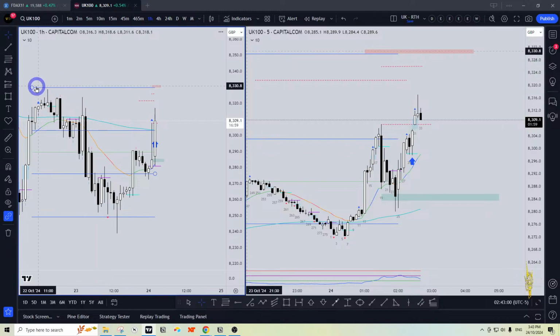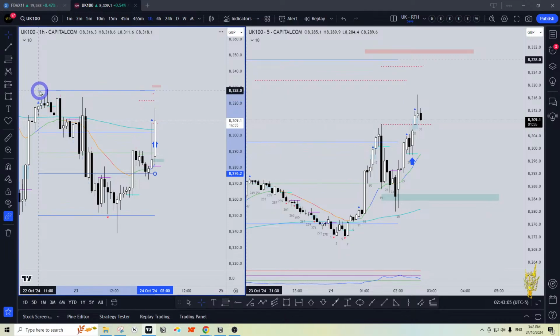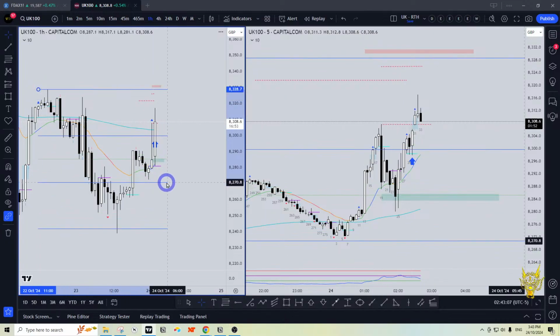If you're a bear, you've got a small stop. Where's the highest bear bar? Not even.